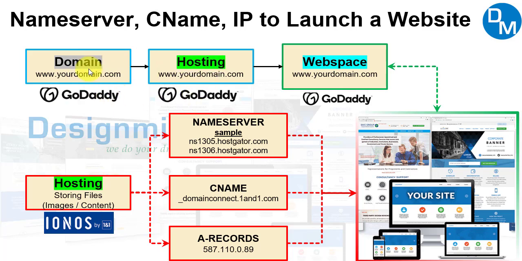So when you launch your website, you can easily point your domain to your hosting where the files and content are located, using the web space. Web space is nothing but a folder which contains the files and images of your website. So you can easily point your domain to the same provider's web space folder and launch the website. So this is the easy way.